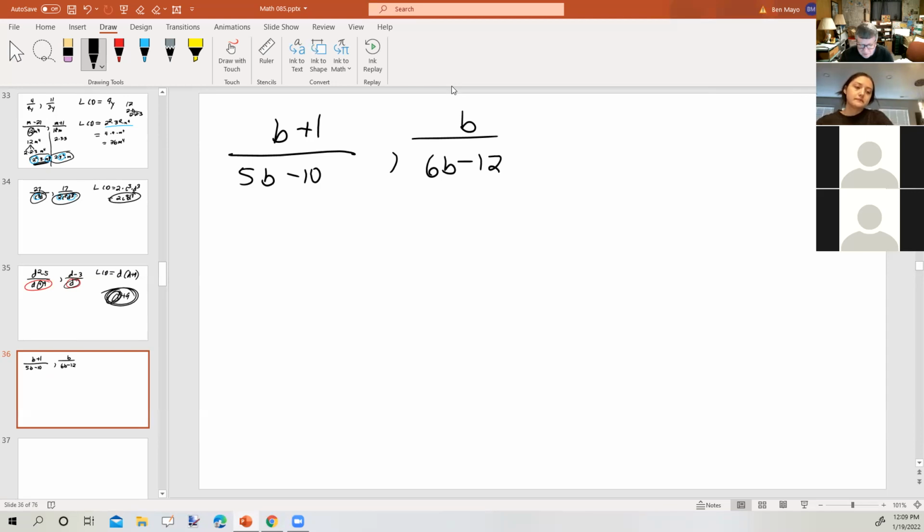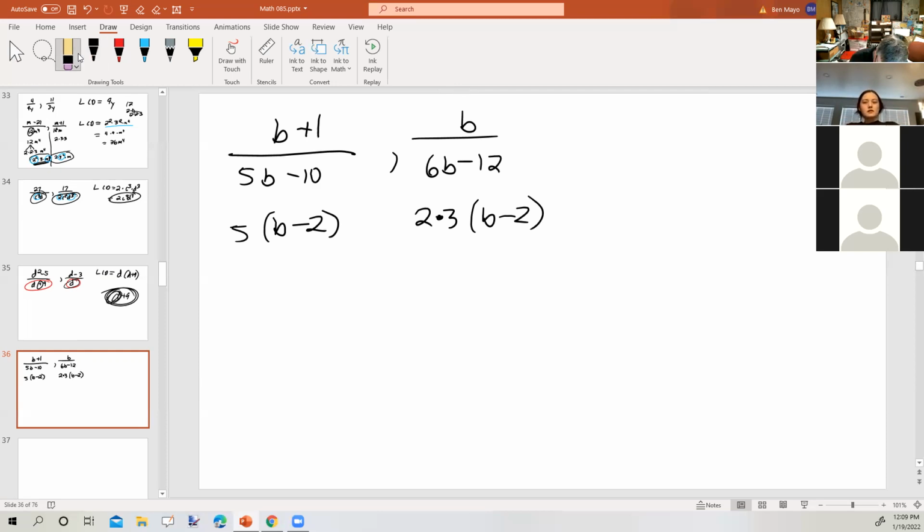Okay, so my denominators are 5b minus 10 and 6b minus 12. But I need the highest power of each prime factor. So what we're going to do is factor each denominator. Tell you what, let me go back and do that slower. I'm going to take out a 5. I get b minus 2. You okay with that? So the factors of that denominator are 5 and the quantity b minus 2.